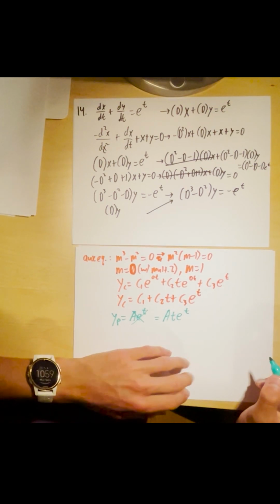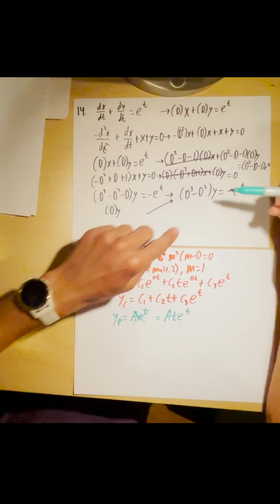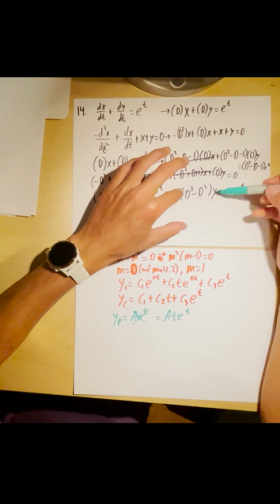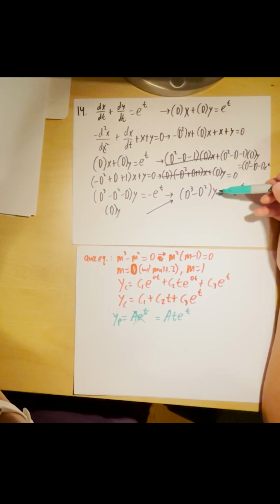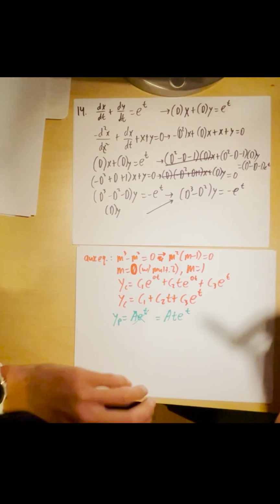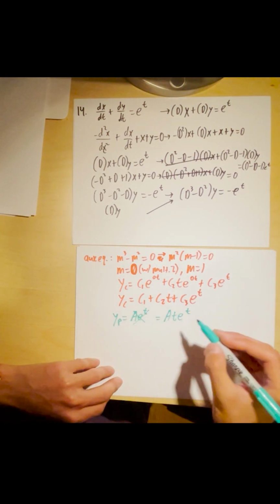Now we're going to be plugging this into this part of the equation for y. So we're going to need the triple derivative of y. So just start with yp.